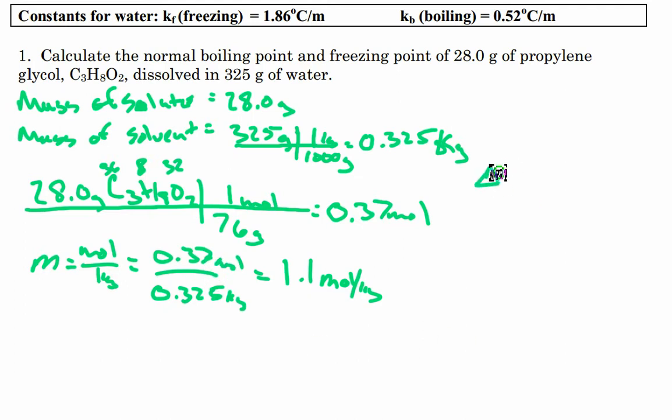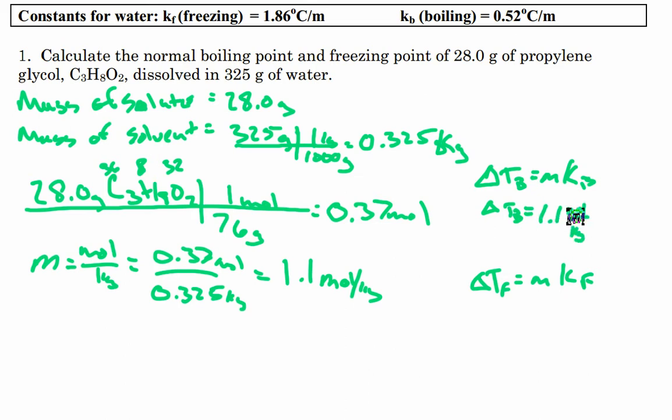Now to find out our change in boiling point, we're going to need our molality times our Kb. Same deal with our change in our freezing point, and that's going to be molality times our Kf. So delta Tb is going to be equal to our molality, 1.1 moles per kilogram, times our Kb, which is 0.52 degrees Celsius per molal.